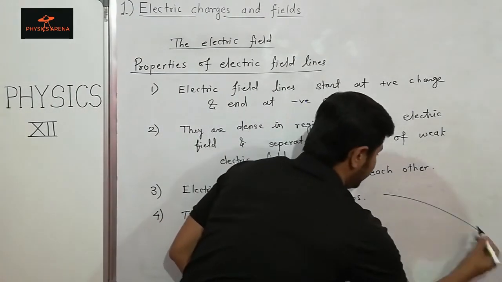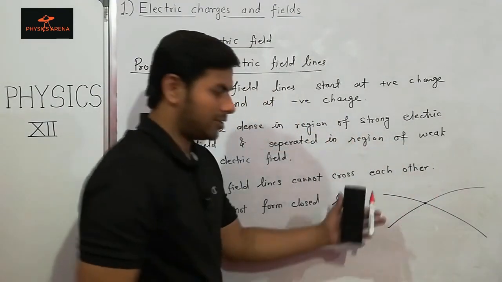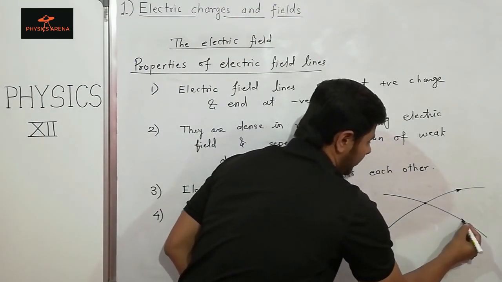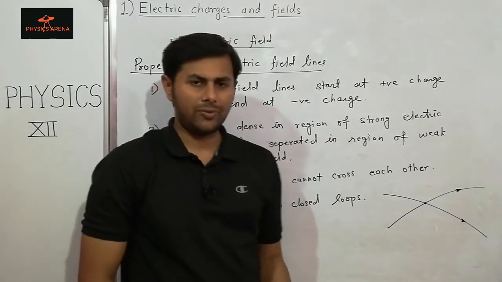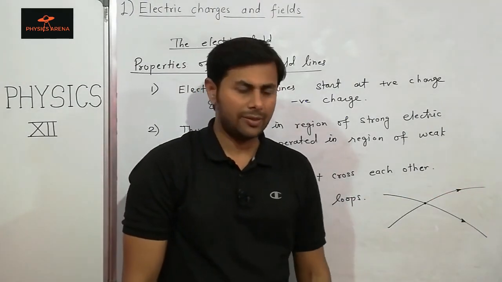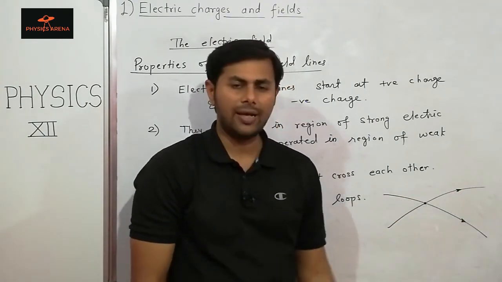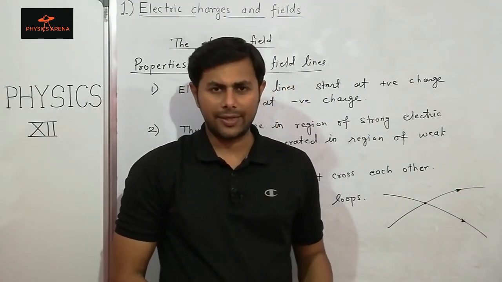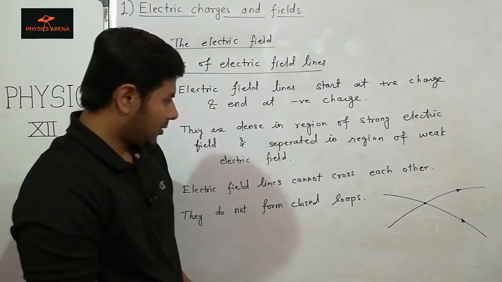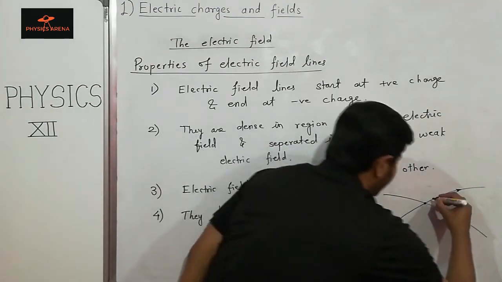And the answer is, suppose they cross each other. So this is one electric field line, this is another electric field line, and we know that the tangent to the electric field line shows the direction of electric field at any point. So at this point we have two tangents.